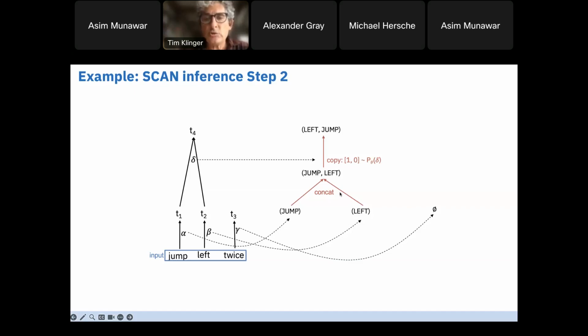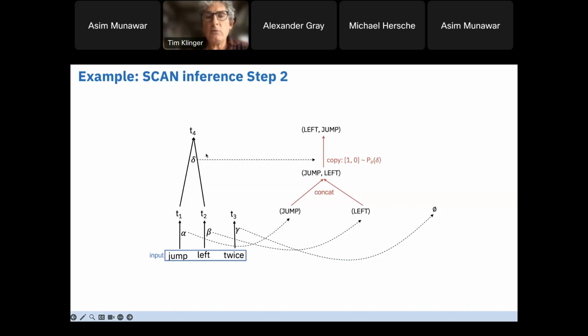First, there's a concatenation. So we take jump and left and we concatenate them. And then there's a symbolic copy operation, which is parameterized by a distribution that depends only on delta. So what I mean by that is there's a set of private parameters for this distribution, p theta, private to this rule, delta.